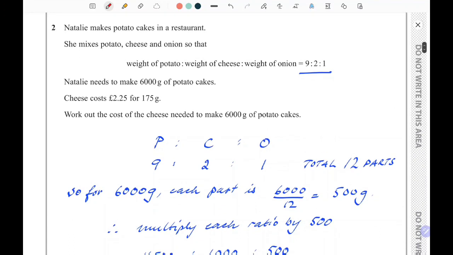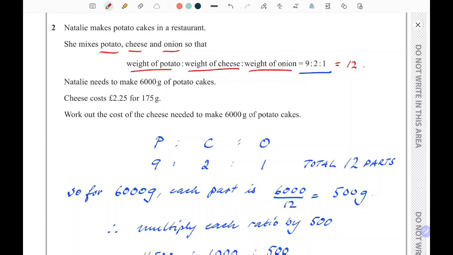Natalie makes potato cakes in a restaurant, and it's got 3 ingredients: potato, cheese, and onion. And the weights of the various ingredients are given in the ratio 9, 2, and 1. So in total, you've got 12 parts.